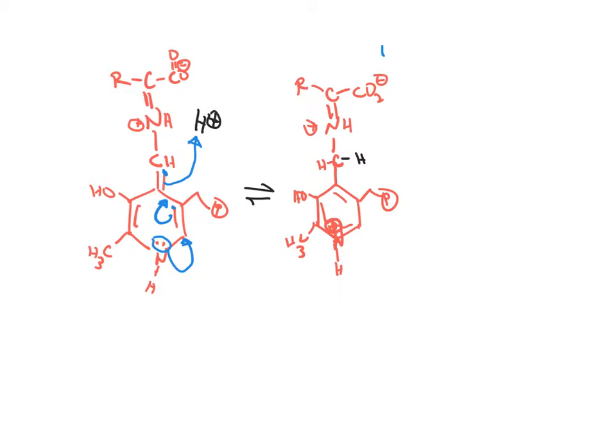A water molecule comes in. Of course, water can be a nucleophile. We've only got a couple of places where this can attack. What's one of the places that this could attack? What's one location?